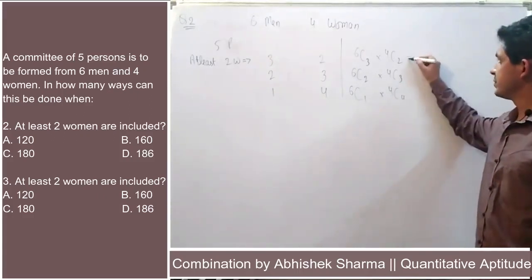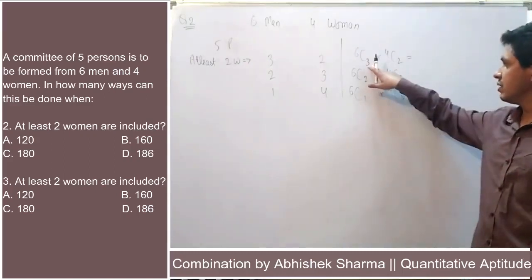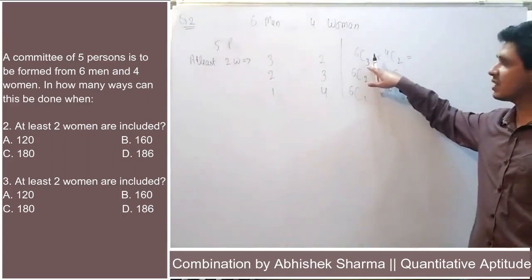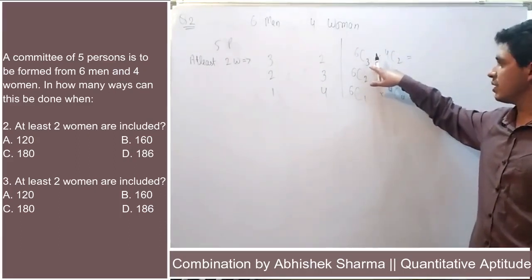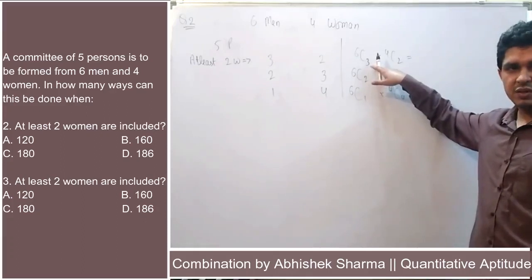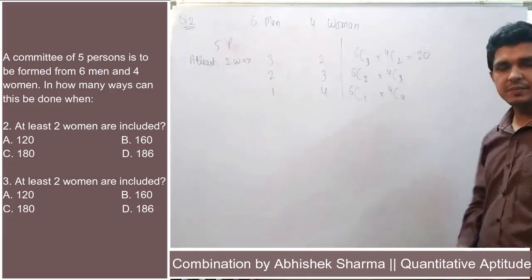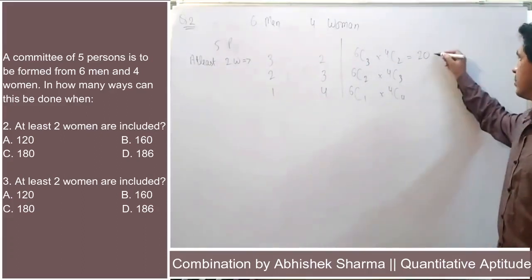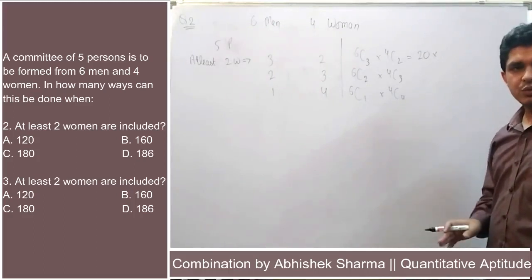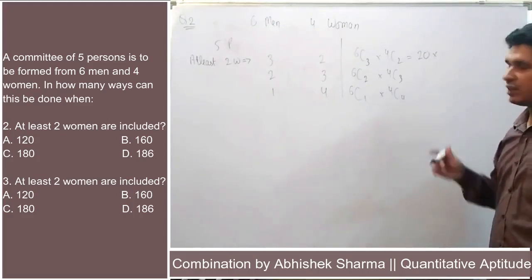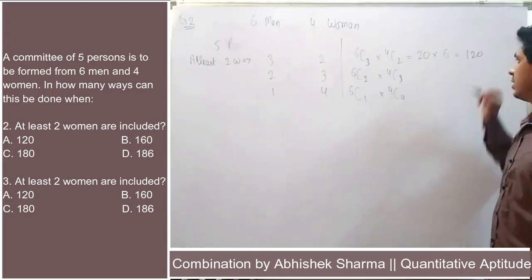Again this part 6C3: factorial 3 value is 6, so this can be written 1 by 6 multiplied by 6 multiplied by 5 multiplied by 4, 6 and 6 cancel, 5 multiplied by 4 will be 20, multiplied by 4C2, that means 1 by 2 multiplied by 4 multiplied by 3, that is 6, this will be 120.